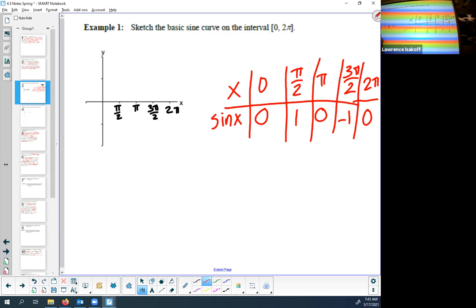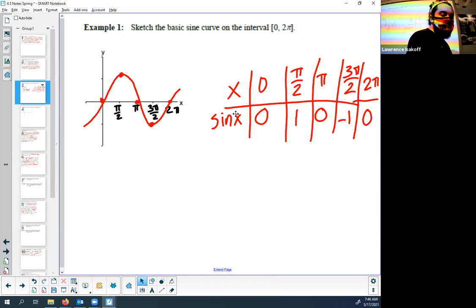Now it's just a matter of plotting the points. 0, 0, pi over 2, 1, pi, 0, 3 pi over 2, -1, and 2 pi, 0. So that gives me a nice, smooth wave function through these points. So that is our sine graph.